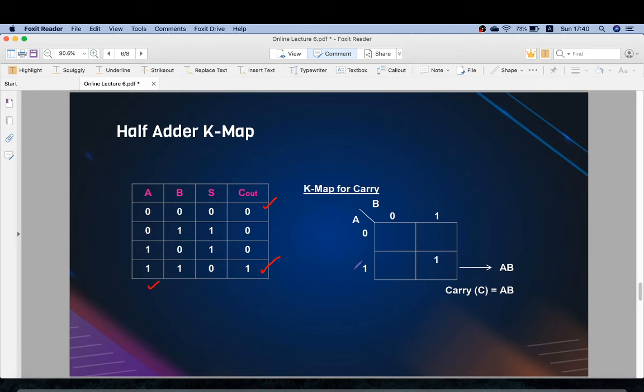So in the K-map, here it is 1 and 1, and we will keep 1 in this cell. So the function will be AB, and the final equation for carry C is AB.